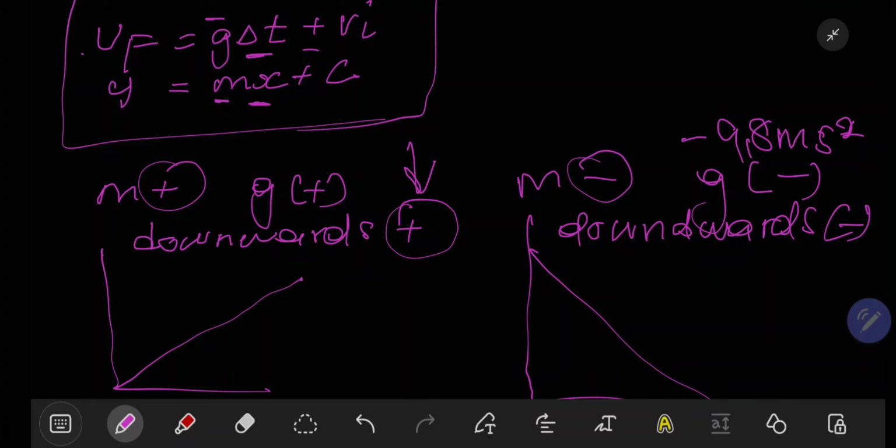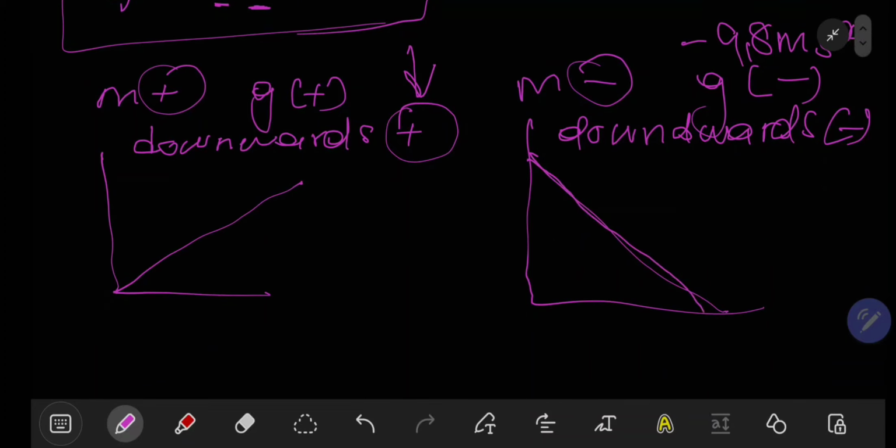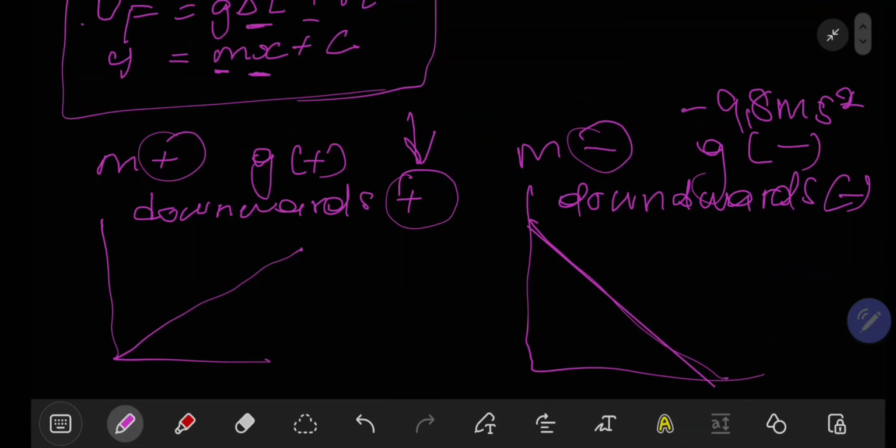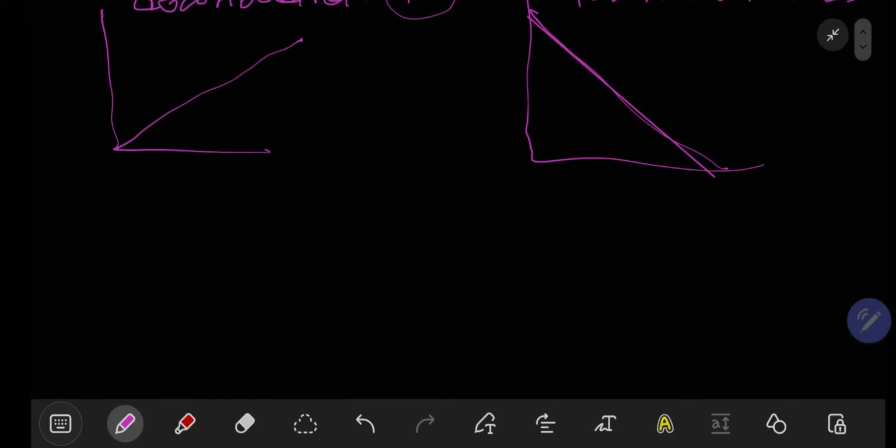So when you see a descending slope, then you can tell that your constant, the gravitational acceleration, is negative. When the graph starts from the positive side towards the negative side, then you can see that they took downwards as negative. But when it starts from 0, or from the negative side going upwards, then you know that the downwards direction is positive.